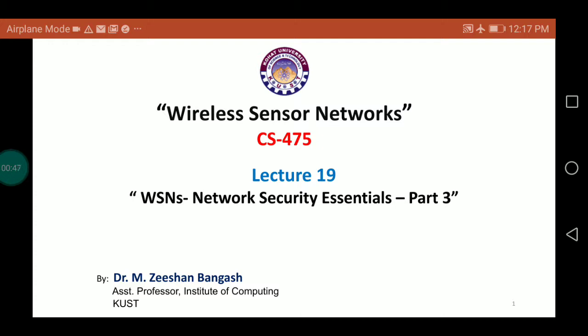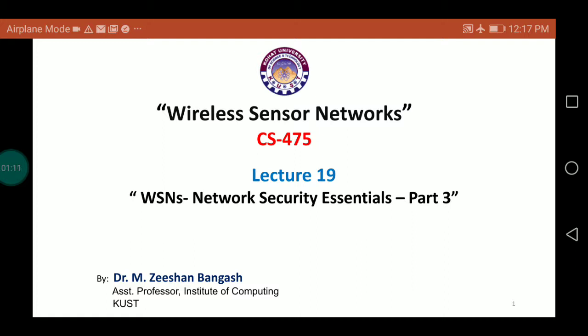Then we discussed the level of impact of a security breach, which may be low, moderate, or high. And then we discussed some challenges during the first part, and in the second part we discussed some categories of attacks for networks, that were active attacks and passive attacks.